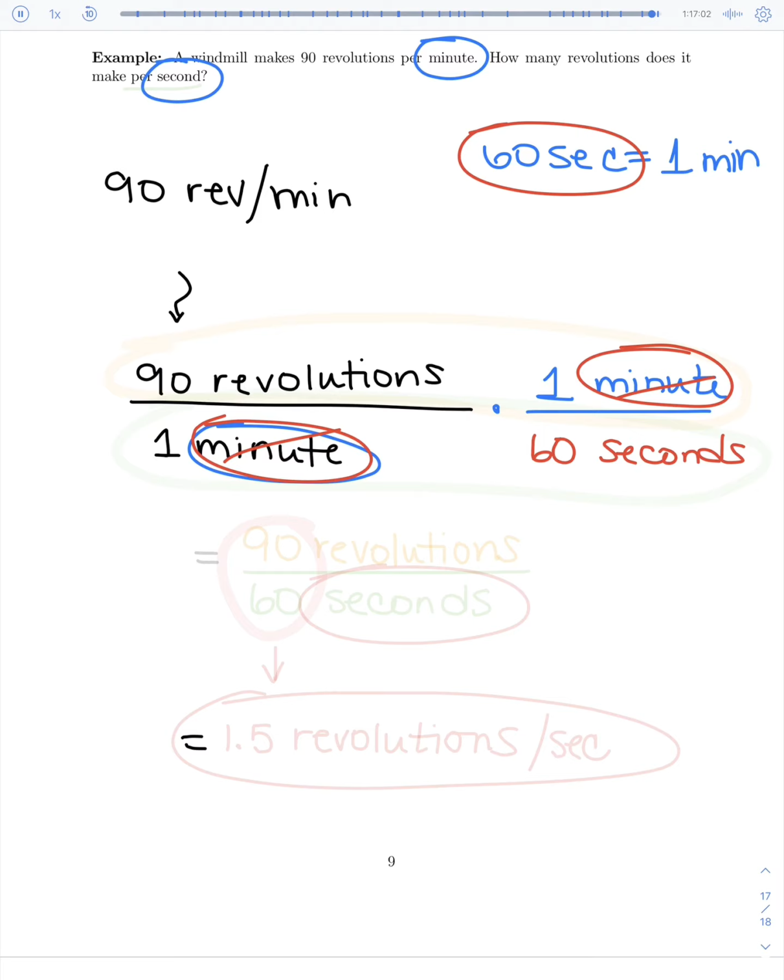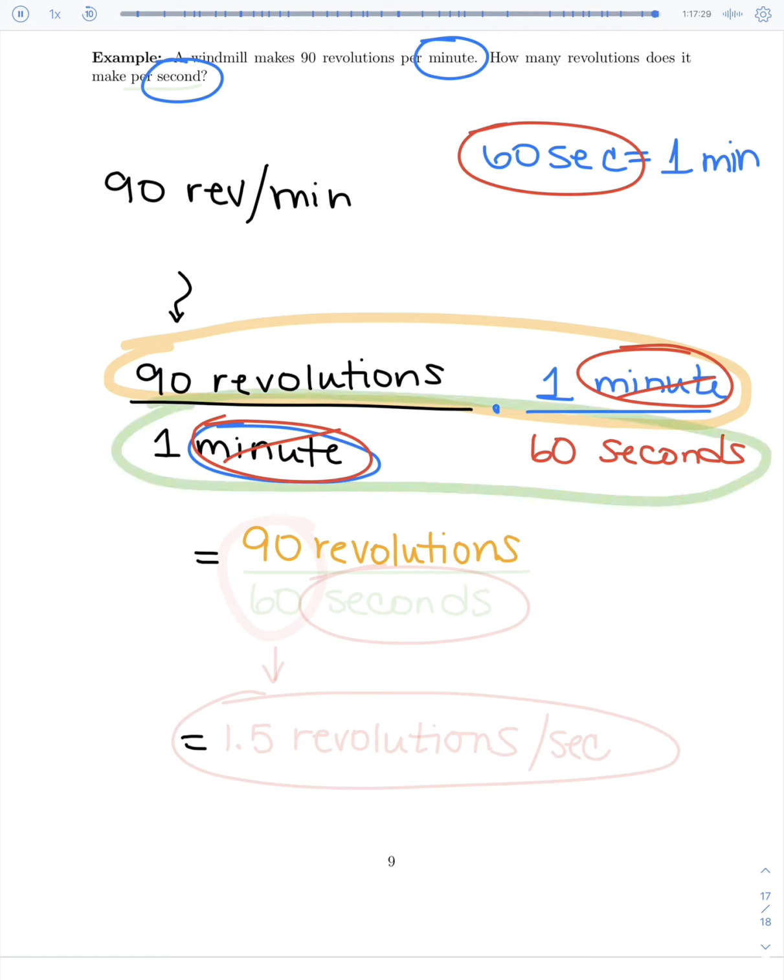So what this now does is gives us a way to figure out the value, which is we'll have the 90 revolutions times 1. Well, 90 times 1 will just be 90 revolutions, because remember, the minutes canceled out. And then look what else we have on the bottom. We have 1 times 60 seconds.